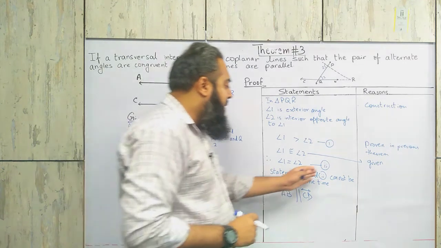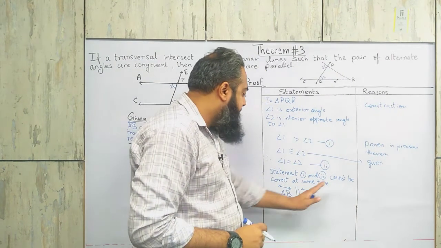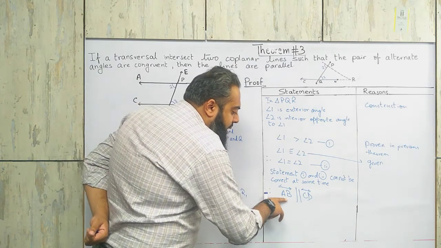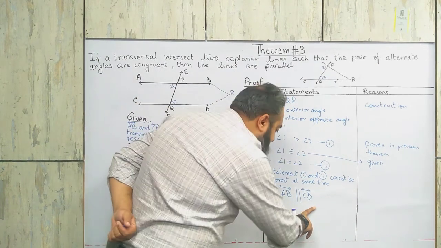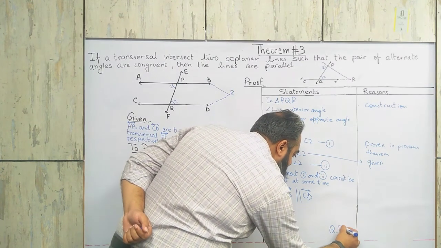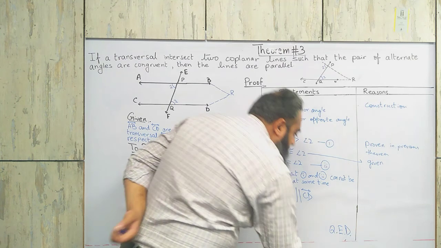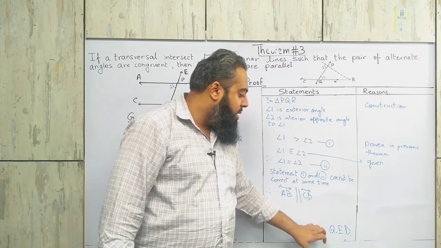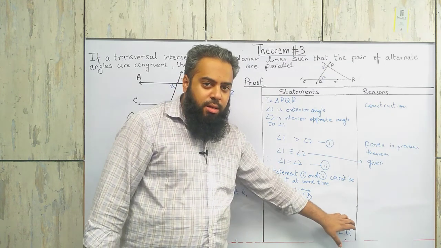So statement 1 and statement 2 cannot be correct at the same time. Therefore, line AB will be parallel to line CD. Okay, so it will be QED, quod erat demonstrandum.